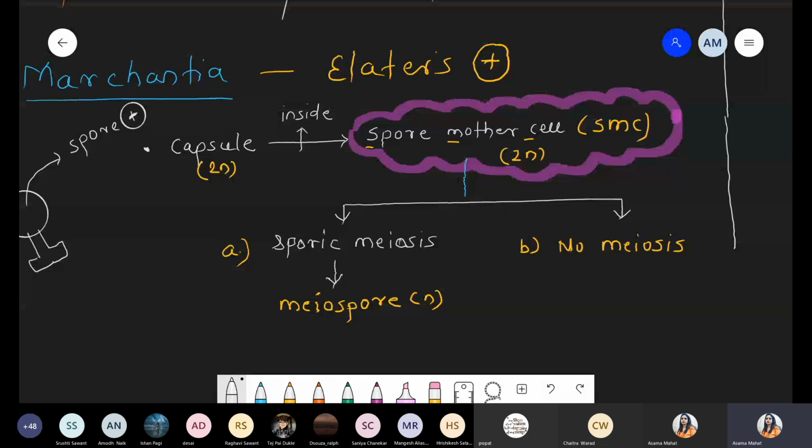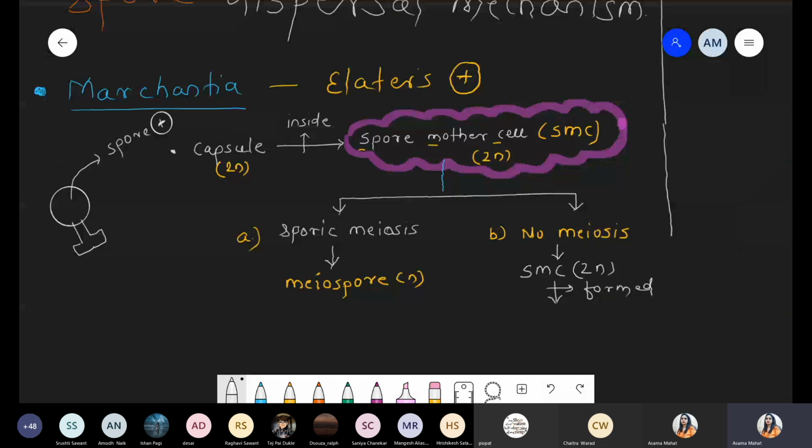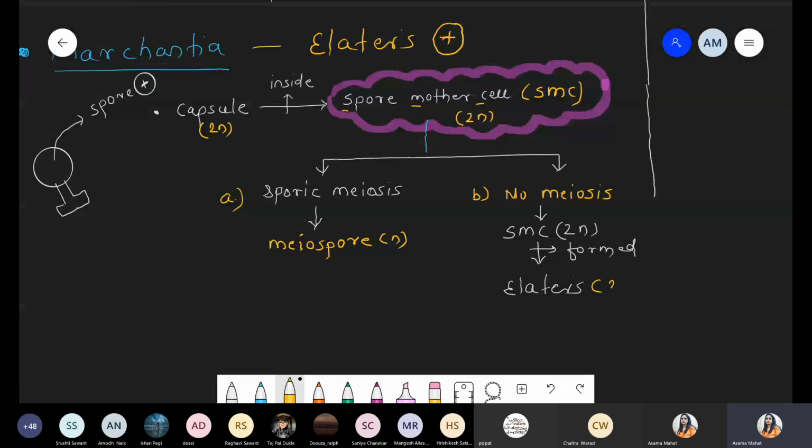So if there is no meiosis, the diploid spore mother cells form a typical structure called elaters. If you check the ploidy level of these elaters, they are diploid in nature, because the spore mother cell as it is converted into the typical structure of the elaters. And these elaters help in the dispersion and release of the spore.